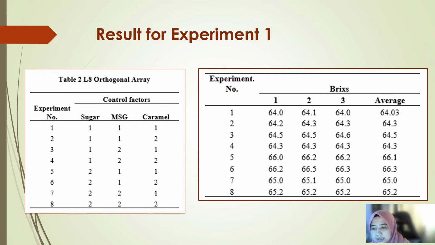Okay, by using Minitab 21, there is the matrix that we are using to form the experiment and read the brix for each ingredient. Alright, each experiment we conducted 3 times, and then this is the average of brix.